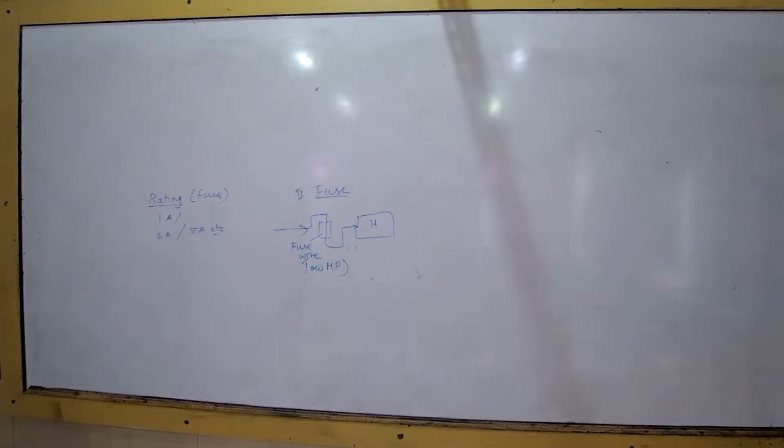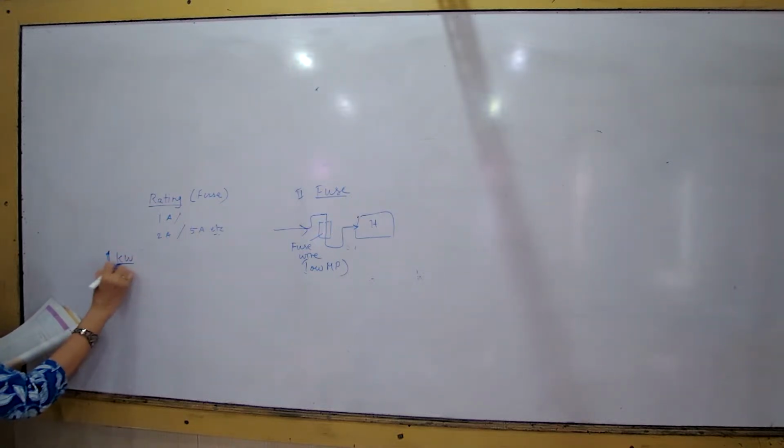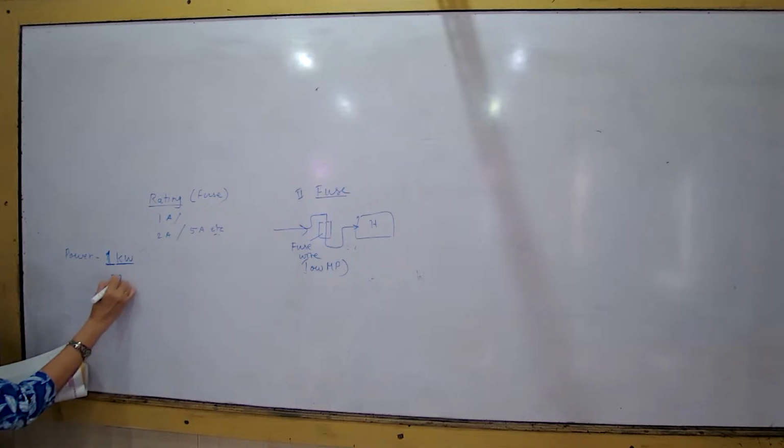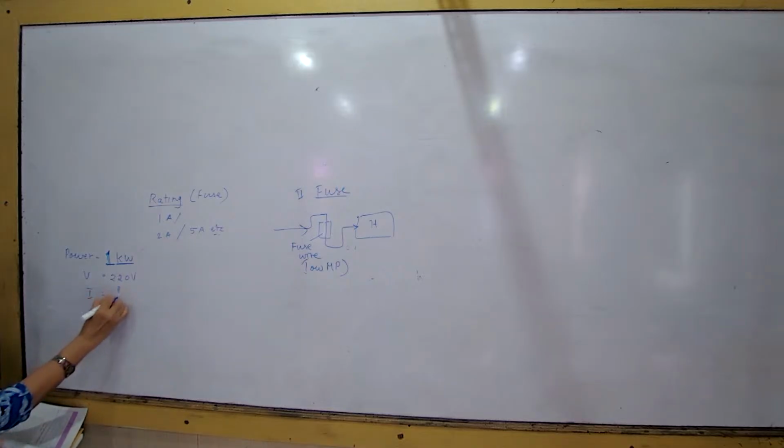Once again by using P. For an electric iron which consumes 1 kilowatt, that is electric power, operated at 220 volts, that's your voltage. Can you find out the current?